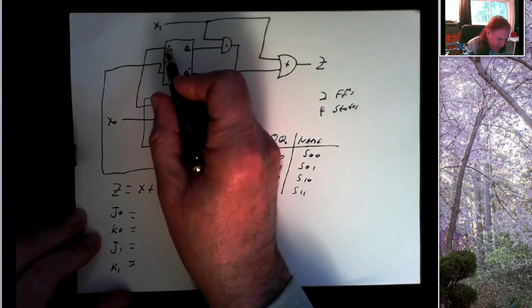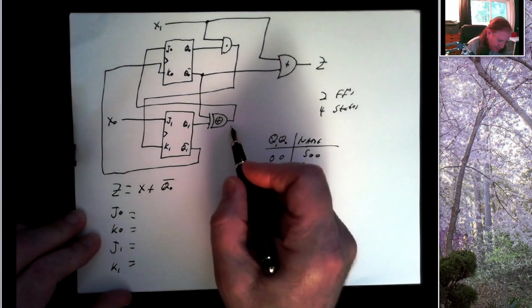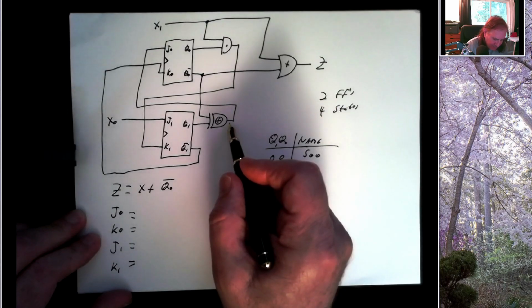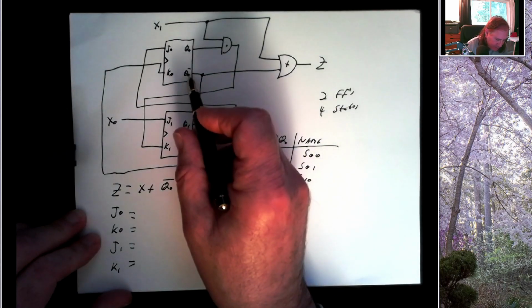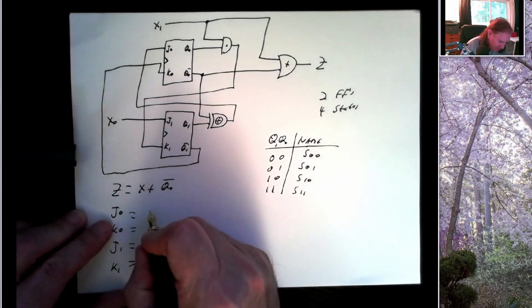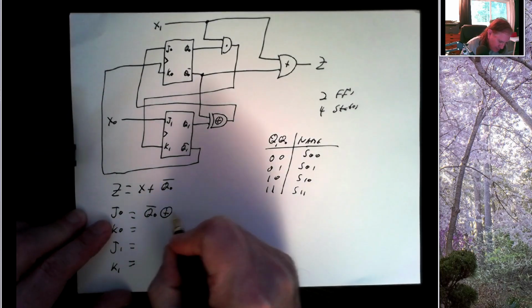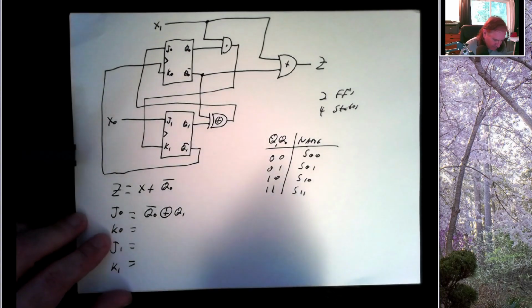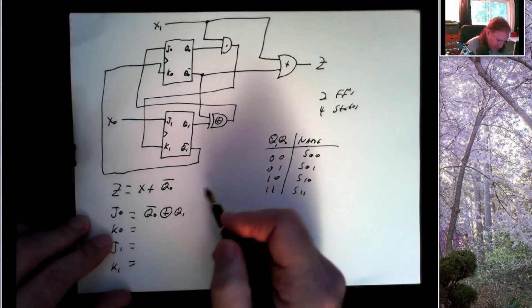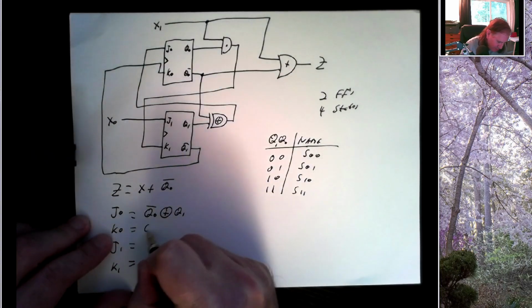So what feeds J0? Well, it's coming out of an XOR gate, and the 2 inputs are Q0 bar and Q1. So J0 is Q0 bar XORed with Q1. K0 looks like it just comes from Q1 bar.